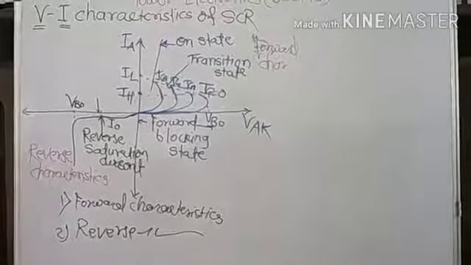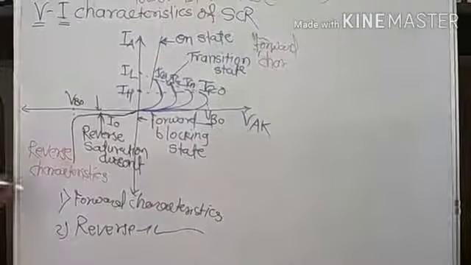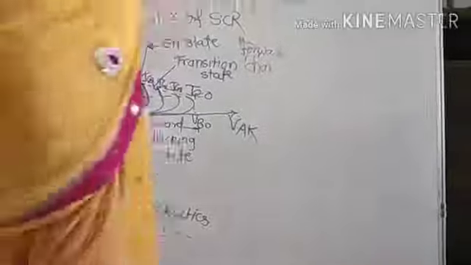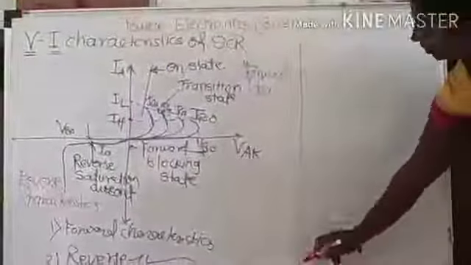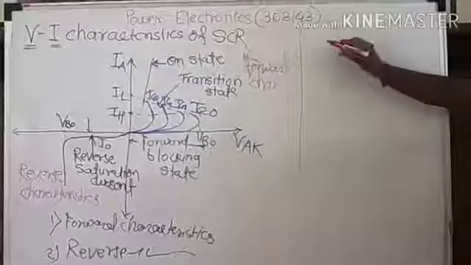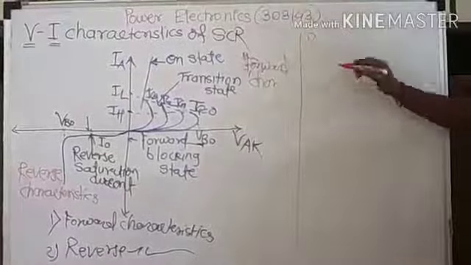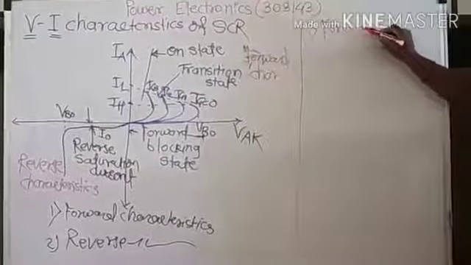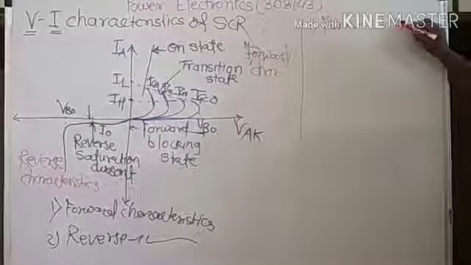Now see forward characteristics. Again, these forward characteristics are divided into three steps. First step is forward blocking step.